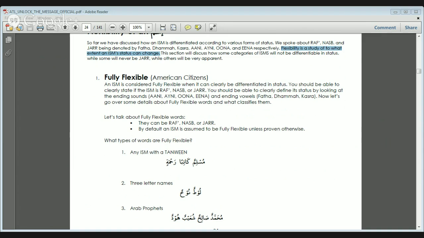Now, at the same time, I want to add one more thing, and that's also in your book. By default, all isms are assumed to be fully flexible unless proven, keyword is proven, otherwise.